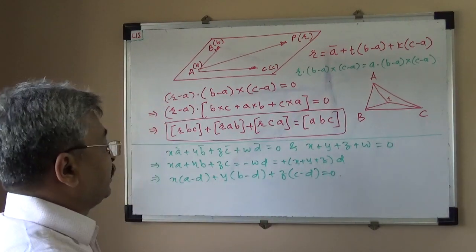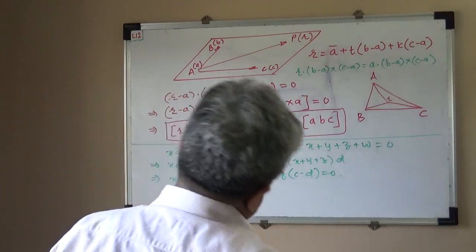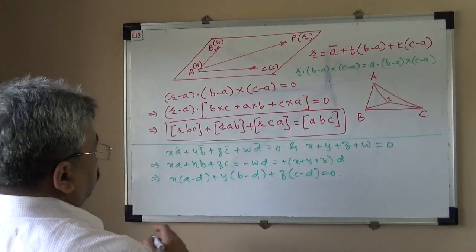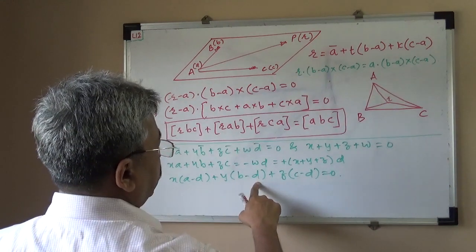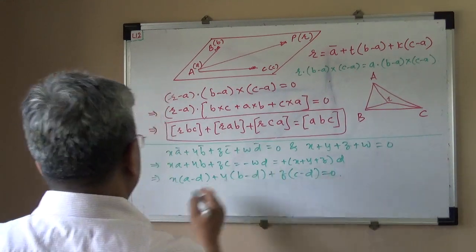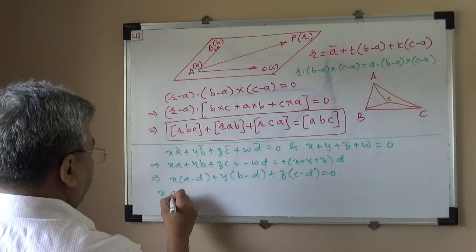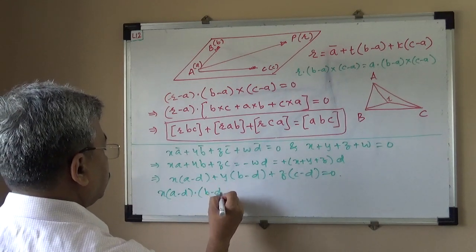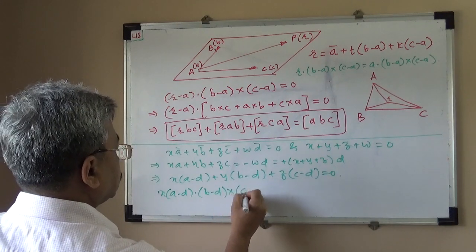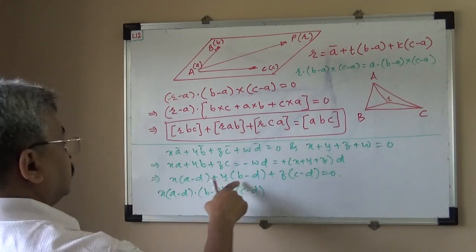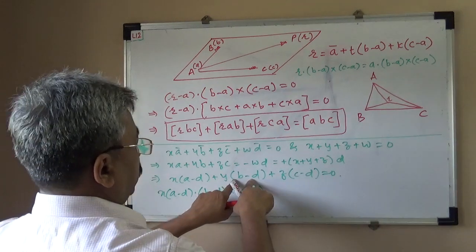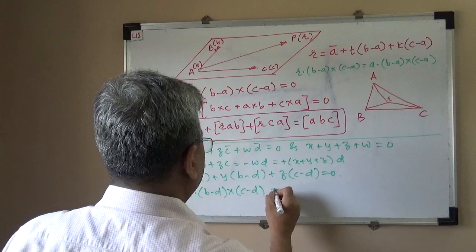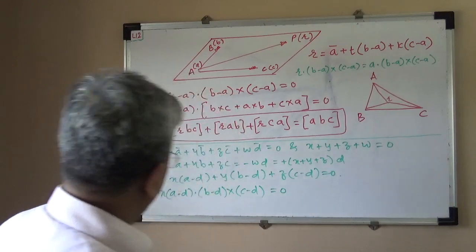Now if we take the dot product of this with B minus D cross C minus D, that is, x(A minus D) dot (B minus D) cross (C minus D), this cross product over here is going to be 0, and 0 multiplied by this is going to be 0, right?